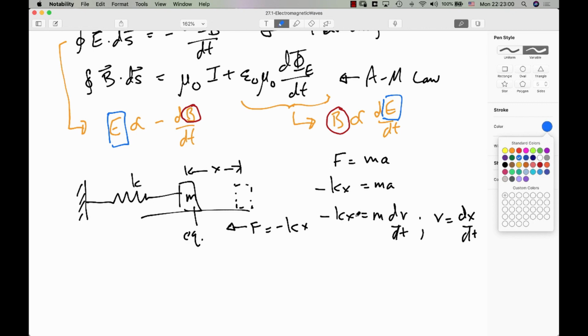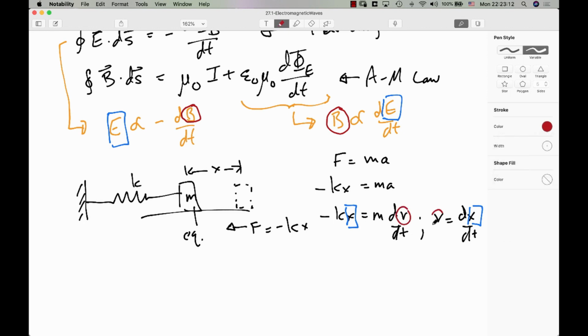Again, I'm going to draw the blue boxes around the x's and the maroon circles around the v's. You can move the minus sign. We can multiply both sides here by minus 1 if we want. So let's just go and do that for the moment.